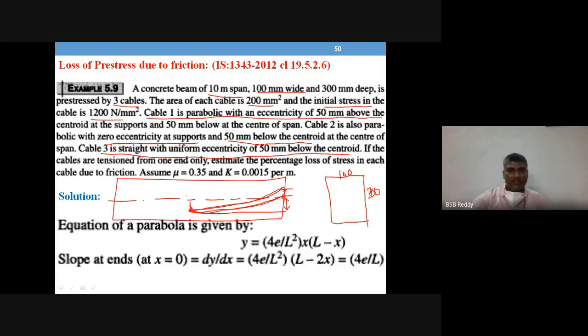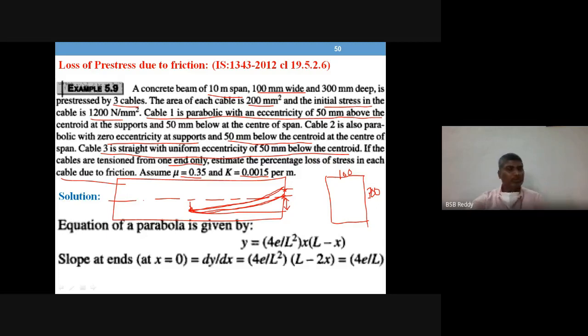The other half is of a similar way, so I am not drawing it. And if the cables are tensioned from one end only, estimate the percentage of loss of stress in each cable due to friction. Assume mu value and k value. If they are not given, you have to read them from the table given.